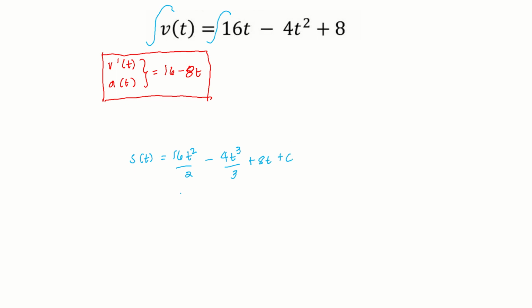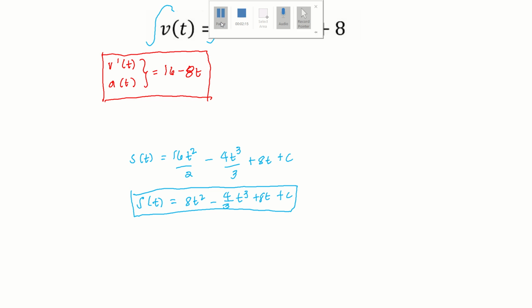So this is how you integrate, right? So simplifying the function, s of t is equivalent to 8t squared minus 4/3 t cubed plus 8t plus c. So this is your position function. So ayan, madali lang nakuha natin yung dalawang position function already. Then we'll proceed with the next problems.